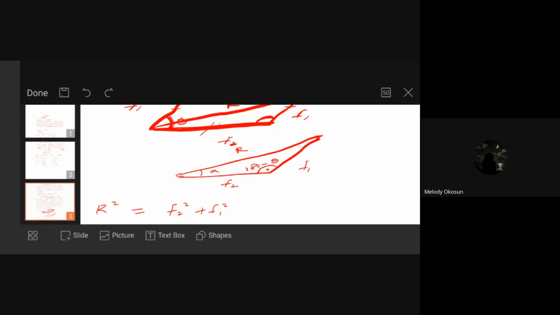So r squared equals f2 squared plus f1 squared minus 2 times f2 times f1, then cosine of the angle facing r, which is in this case 180 minus theta.